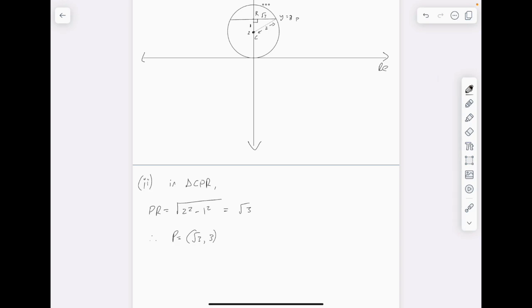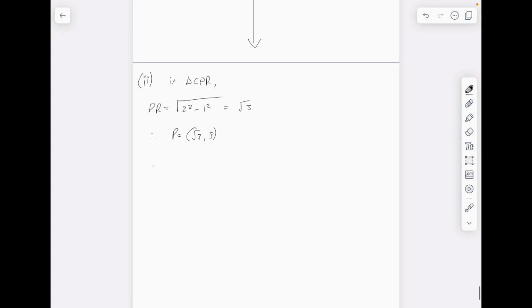You have that. Now you can therefore say P is root 3 plus 3i.